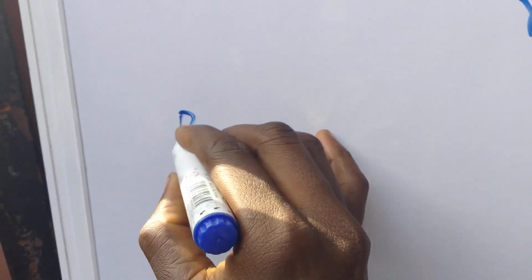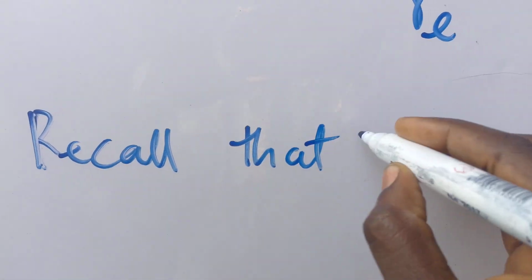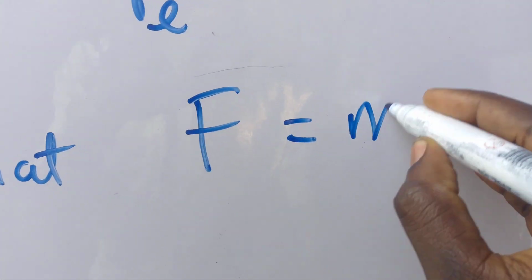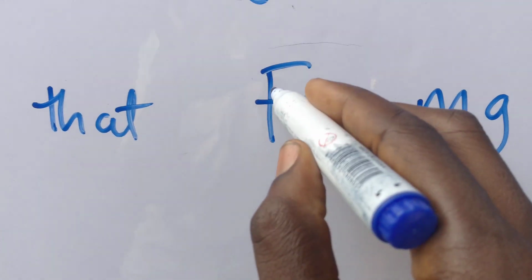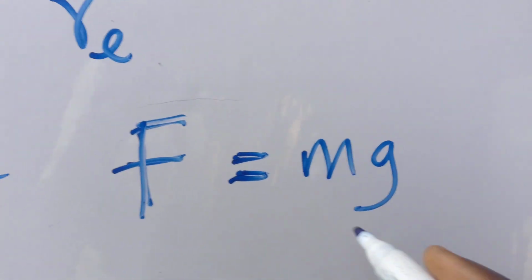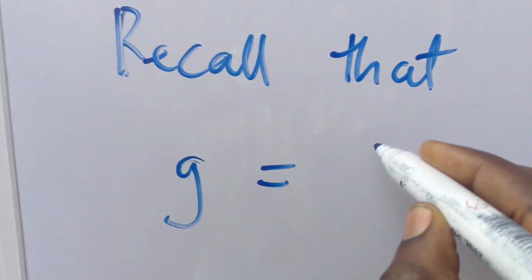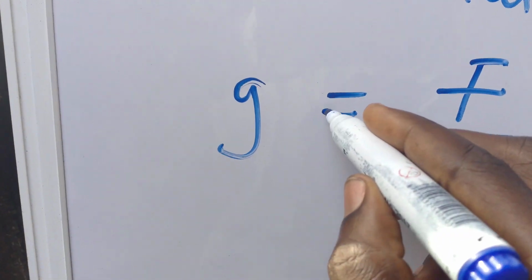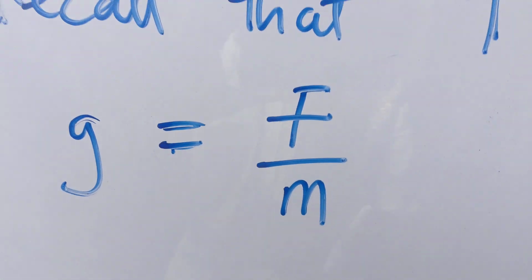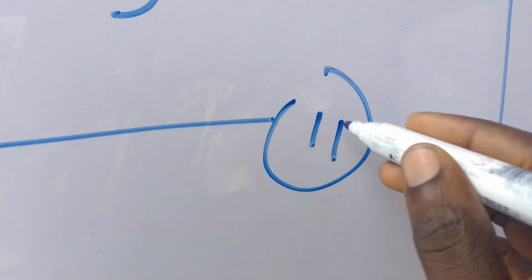Also recall that F is equal to mg, that force is equal to mass times acceleration due to gravity. If I make g the subject of the formula, I have that g is equal to F over m. That is, acceleration due to gravity is force per unit mass. I can call this one equation 2.